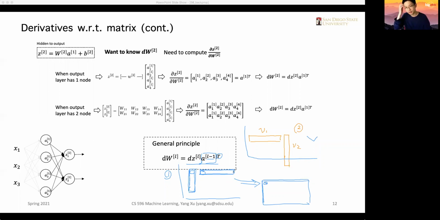Another way of thinking of this process is to expand from two vectors to a matrix, and this matrix, let's call it dW, has the same dimension as the weight matrix W.